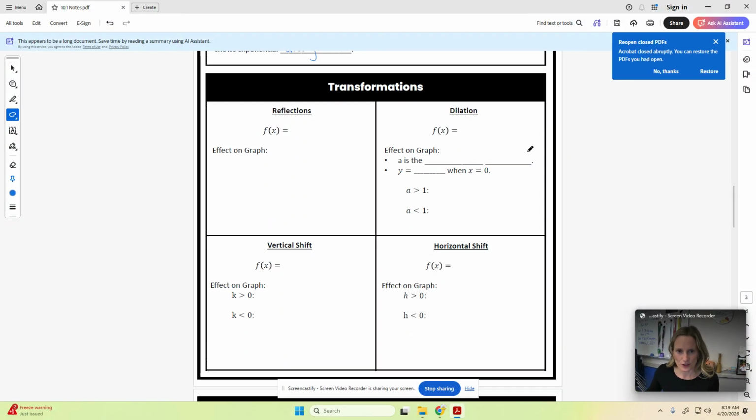So here are our 4 transformations. Just like with the other 2 functions that we looked at, when you put a negative sign in front of your function, that is going to reflect it over the x-axis.